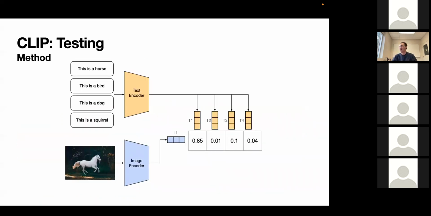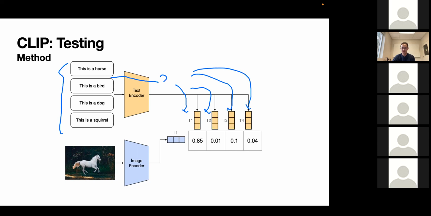For the testing, it's more like a multiple choice problem. We have 4 sentences because our data set just has 4 classes. I need them all to go through the text encoder and form 4 vectors, each representing 1 text. Then I use this new horse image, go through the image encoder and get one vector.